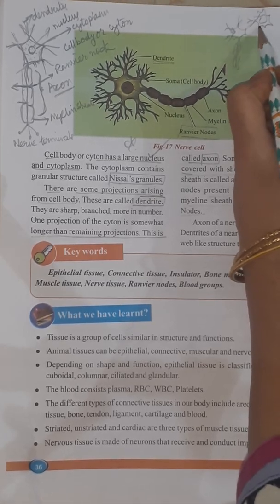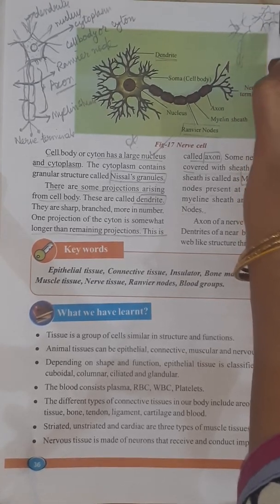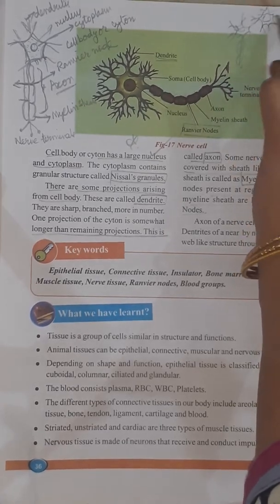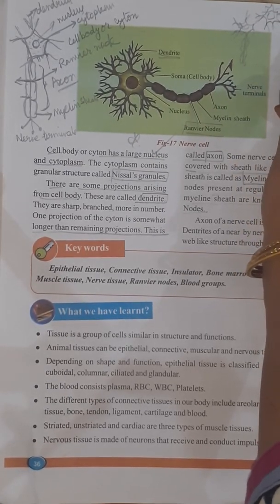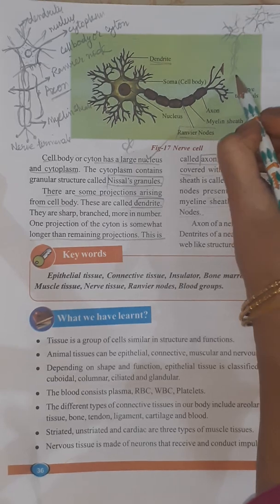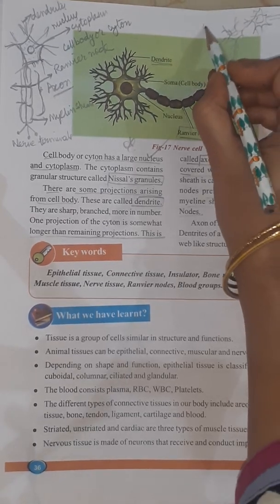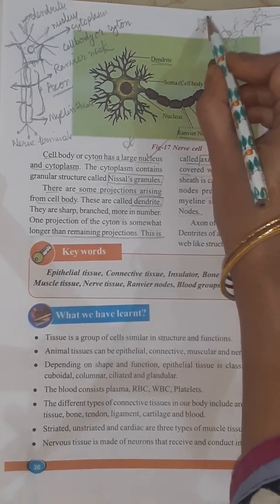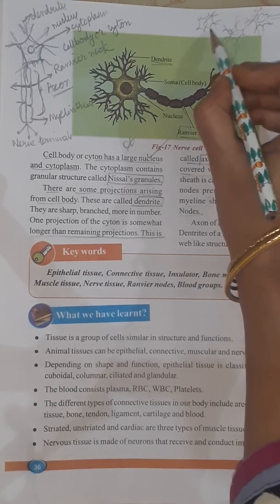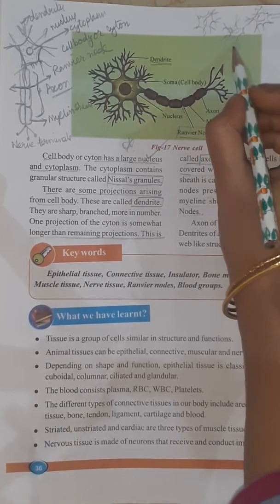See here, like this. It forms a network. Again it is attached. It can be attached here also. Now here is another nerve cell. These dendrites are attached to the other nerve cell, so it is forming a network.